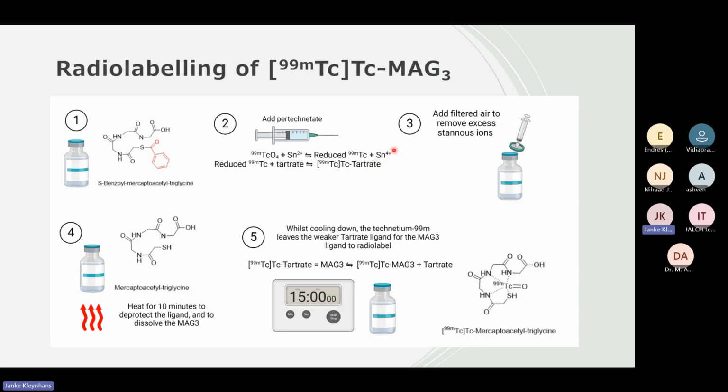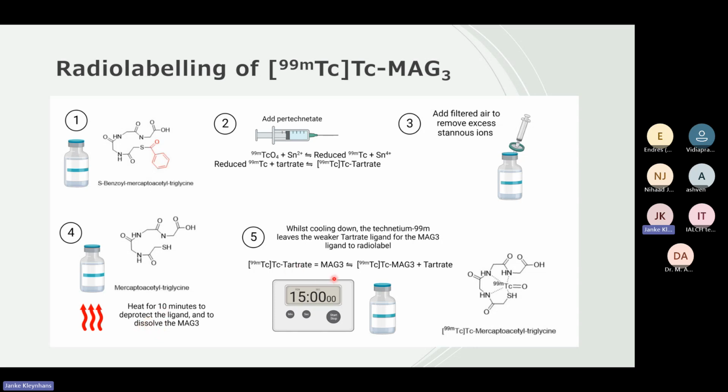Now you remove all the excess tin in your mixture so that it doesn't react anymore. And only then you deprotect the mag-free and make it active so that it takes the technetium from the tartrate and forms technetium mag-free. You have to heat it up for 10 minutes to ensure that it deprotects completely. Otherwise, you will have lower radiochemical yield.